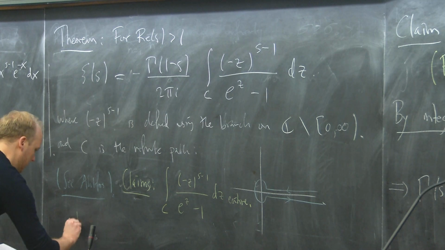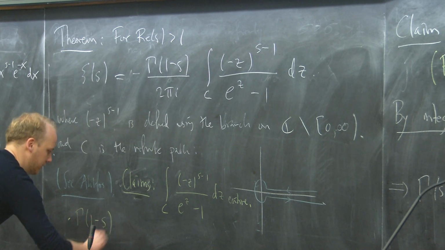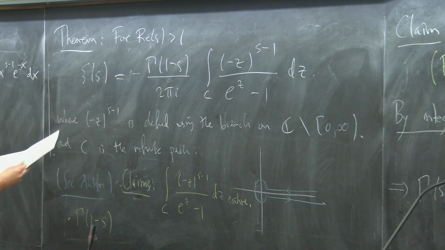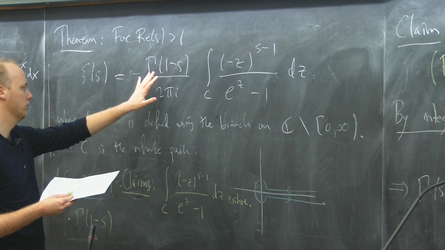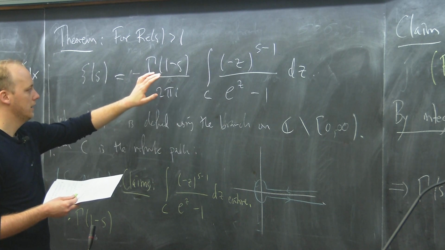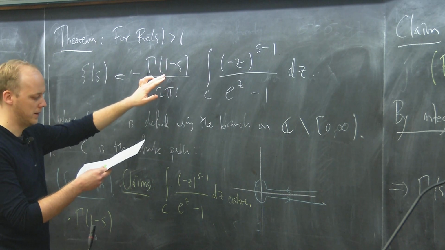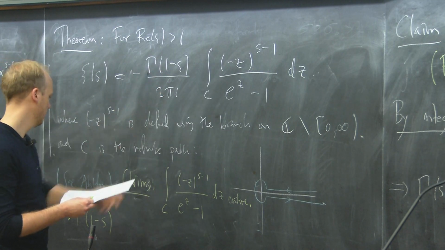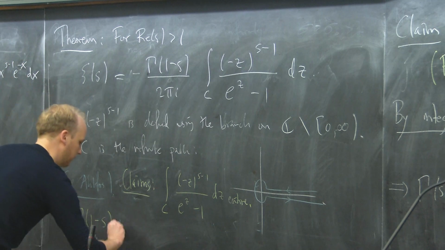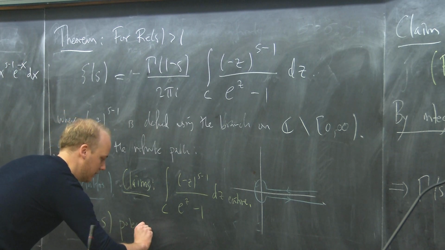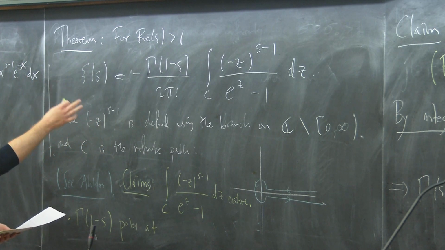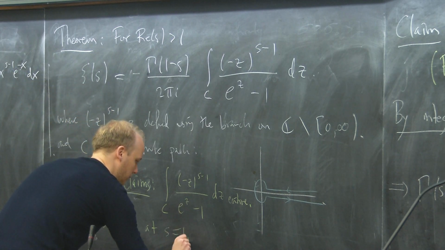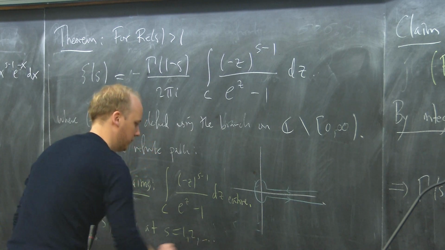And then you can look at gamma of 1 minus s. So where are the poles of gamma of 1 minus s? Well, we should remember that we found the poles of the gamma function. It was when the argument, in this case 1 minus s, was equal to 0, minus 1, minus 2, minus 3, and so on, which means that s is equal to 1, 2, and so on.